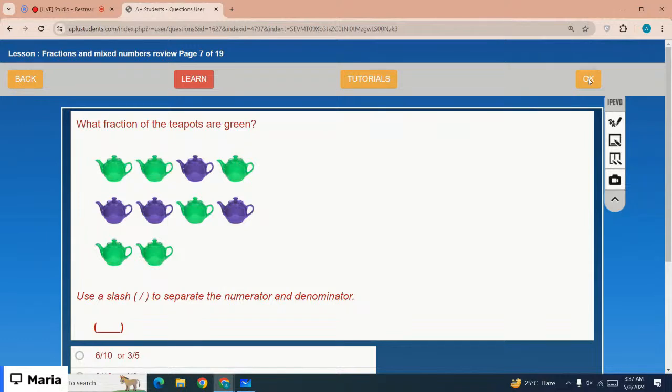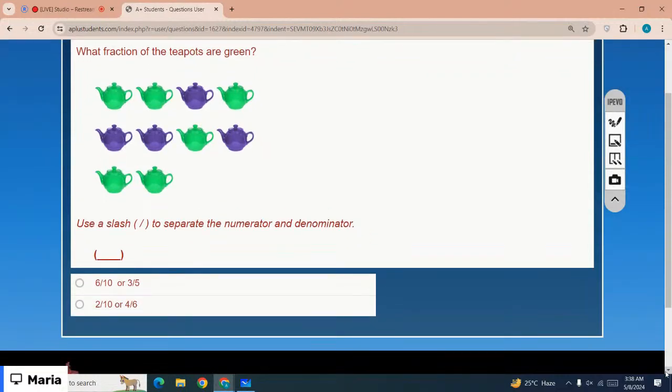What fraction of the teapots are green? That would be 6 out of 10 or 3 out of 5. The correct option is option number 1. That is 6 out of 10 and 3 out of 5.